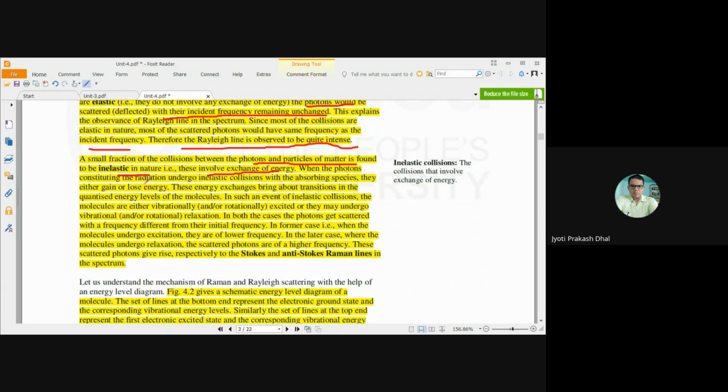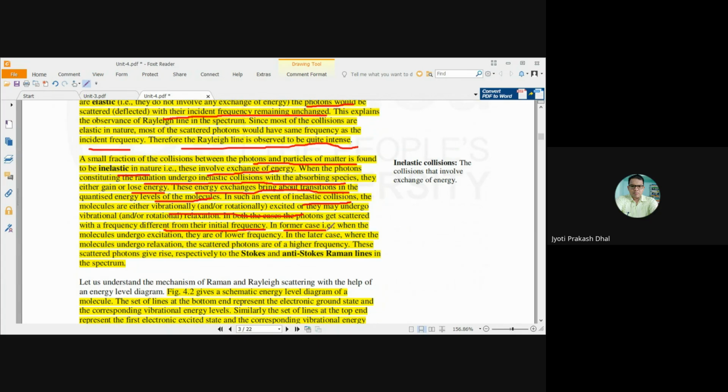When photons constituting radiation undergo inelastic collision with absorbing species, they either gain or lose energy. These energy exchanges bring about transitions in the quantized energy levels of the molecule. In such an event of inelastic collision, the molecules are either vibrationally excited or they may undergo vibrational relaxation. In both of these, the photons get scattered with a frequency different from their incident frequency.